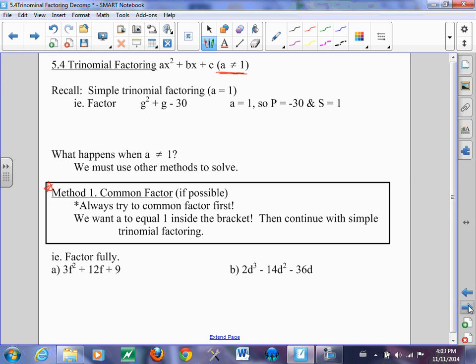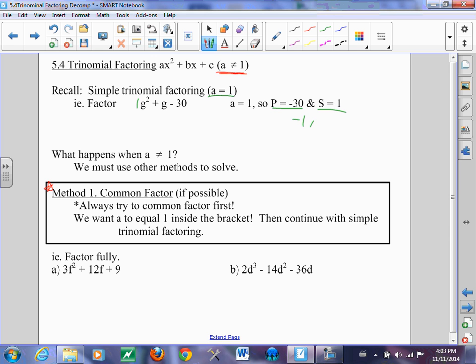Recall simple trinomial factoring. So if a equals 1, like this example here, a is 1, then we can take a look at the product being negative 30 and the sum equaling 1. So if the product is negative, that means we must have one negative and one positive. If the sum is positive, that means our biggest numbers have to be positive.